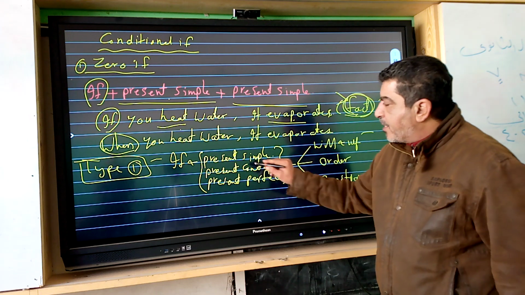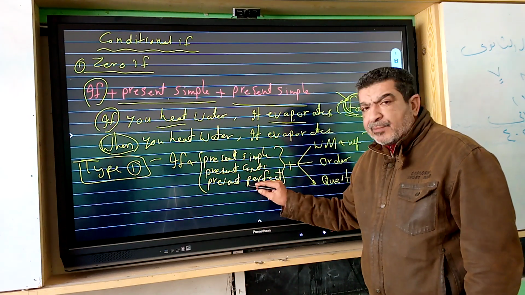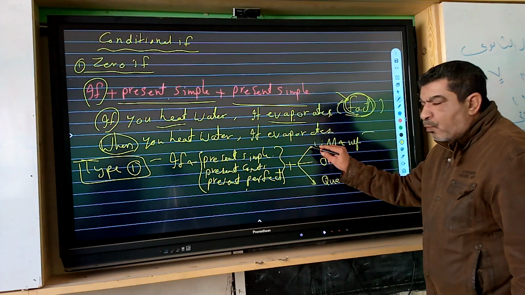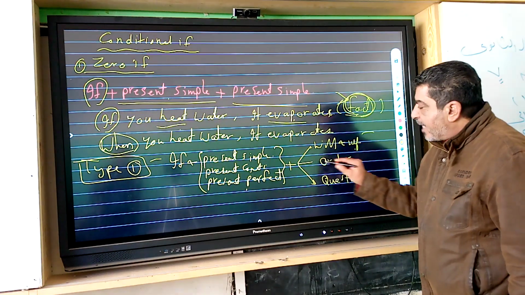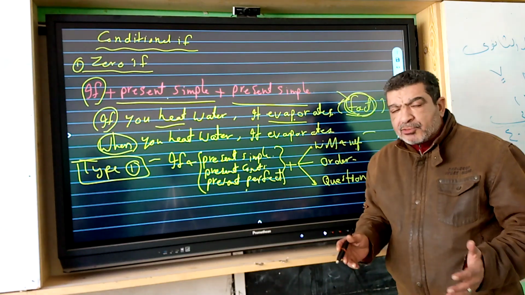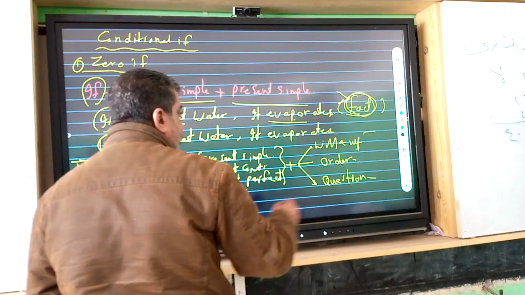The if clause can be present simple, present continuous, or present perfect. And the main clause can be will plus infinitive, an order, or a question. We are going to explain it as a whole.